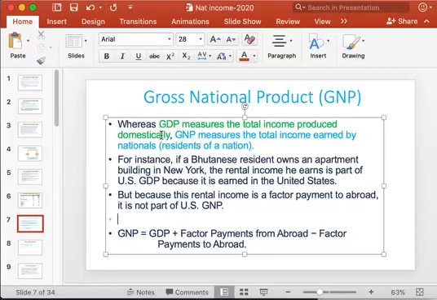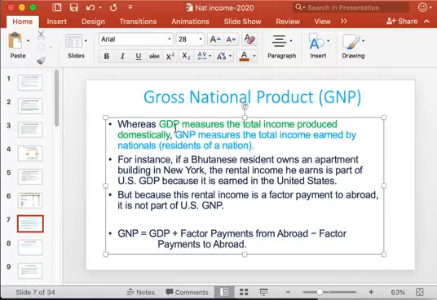So GNP measures the total income earned by nationals wherever they are. For example, total income earned by all the Bhutanese, whether they are living in Bhutan or US.